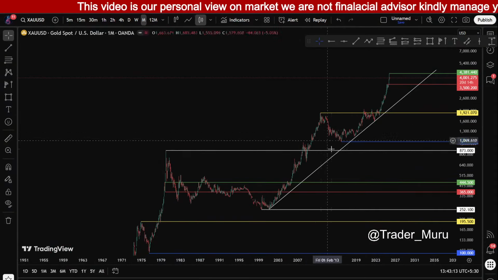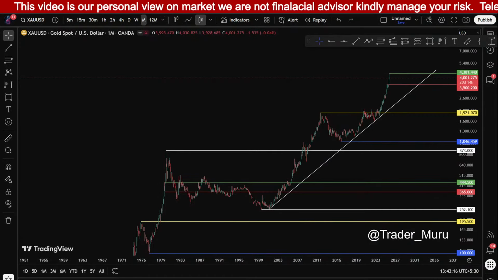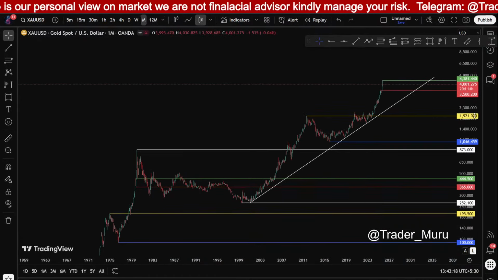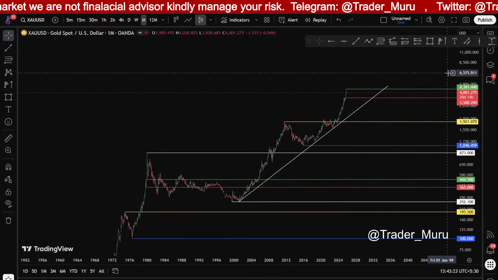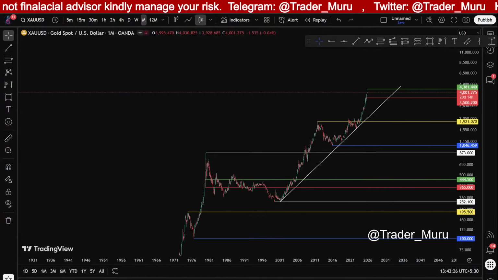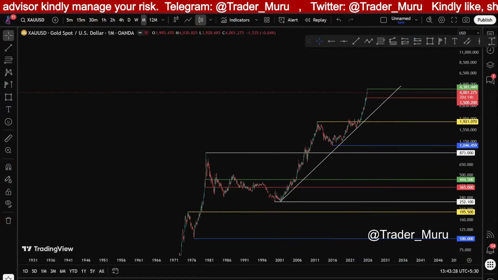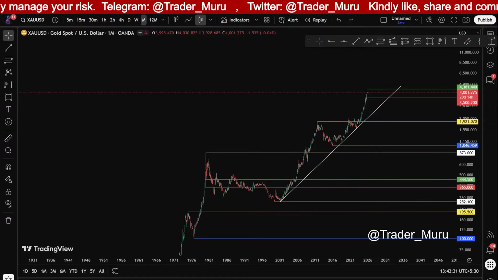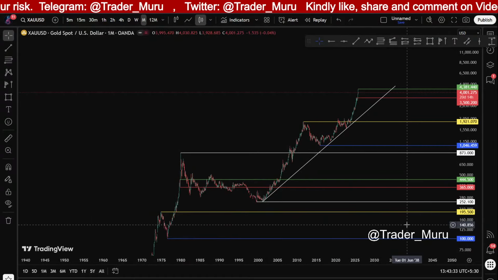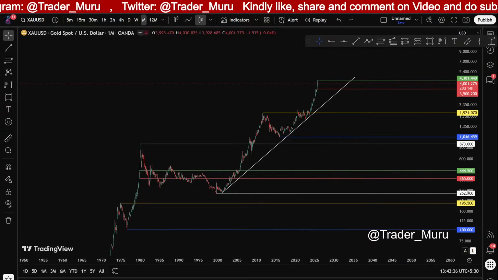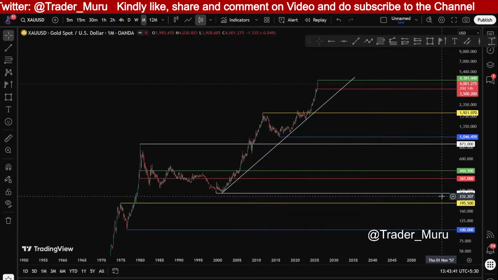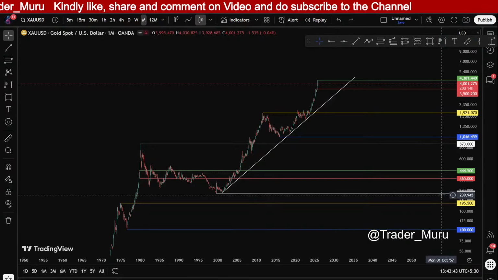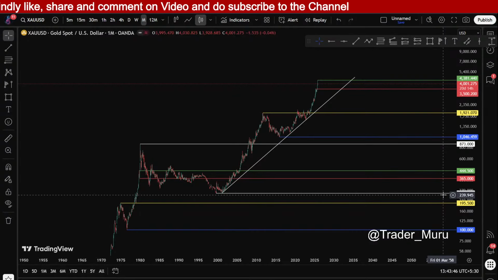So what's your thought on this one? Tell me in chat. Can we get this retest and then 8000 price in gold? Tell me in comments, guys.